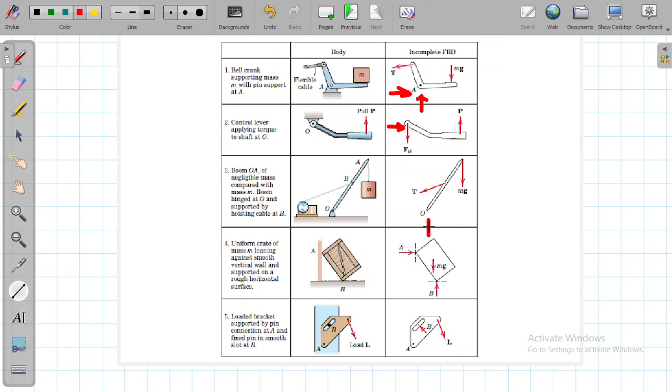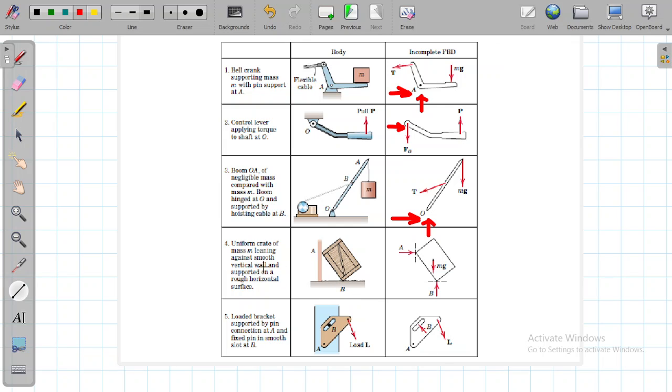A hinge and a pin are exactly the same. Practically they are installed differently, but they will both have these two reactions at O. Now go to a problem with some frictional effects.